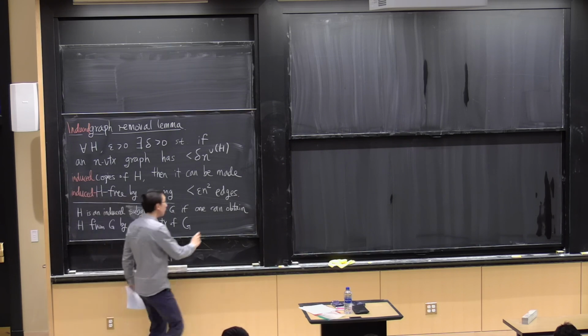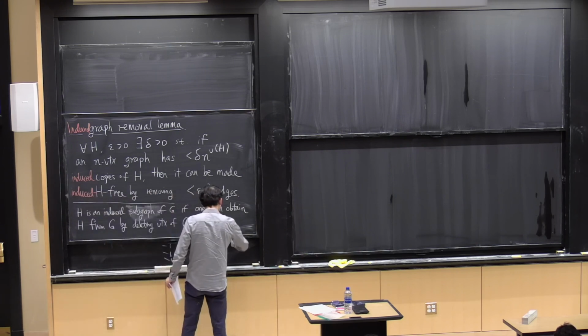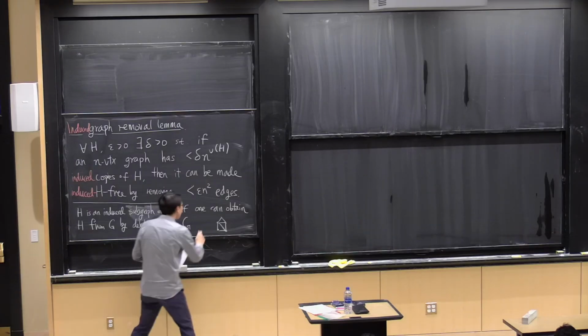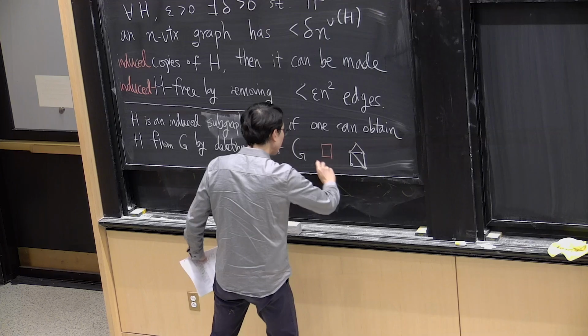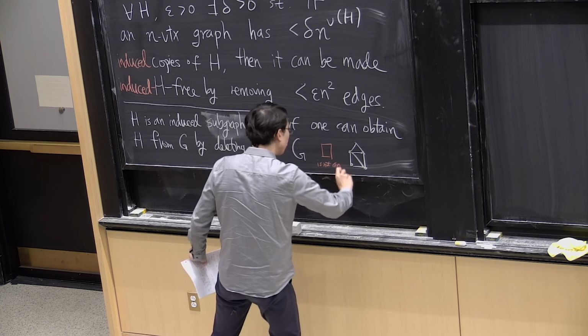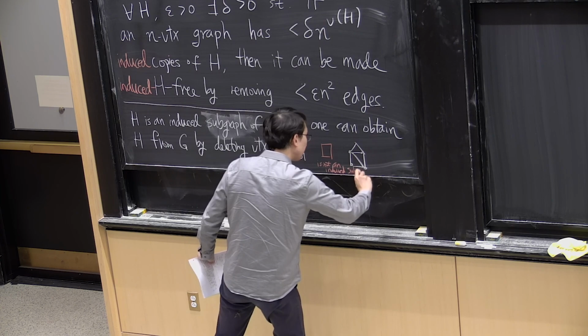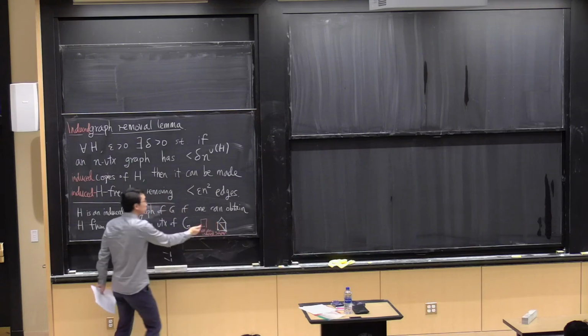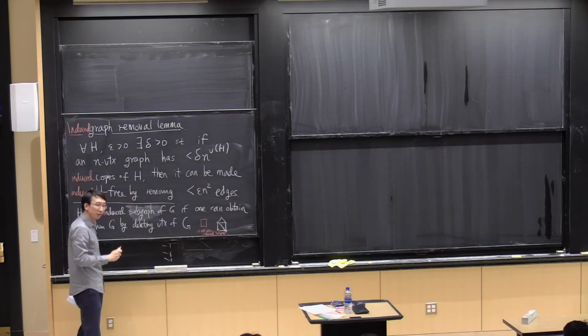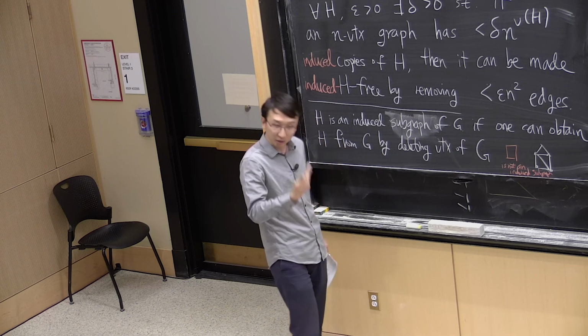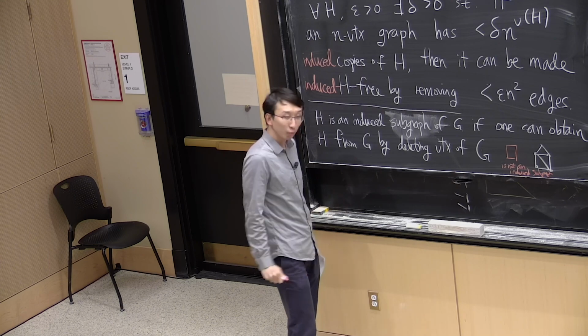So in other words, the fourth cycle is not an induced subgraph, because if you select 4 vertices, you don't generate this 4-cycle. You get extra edges. It is a subgraph, but not an induced subgraph.